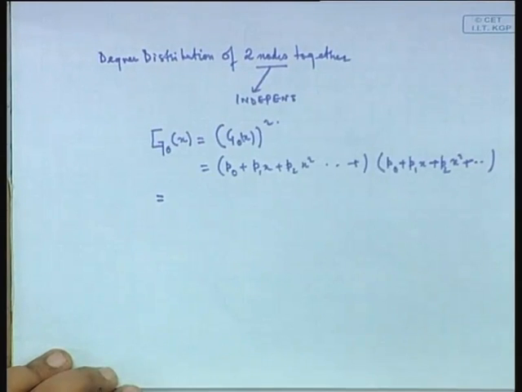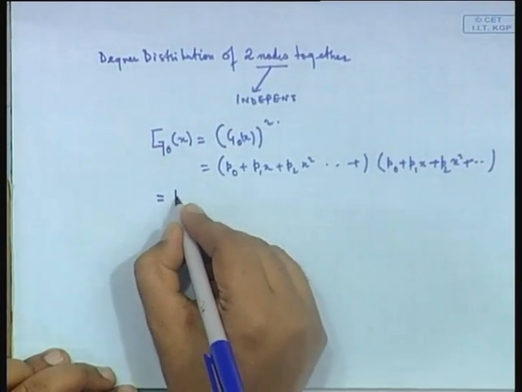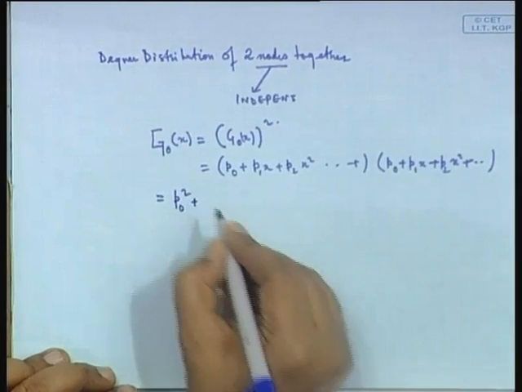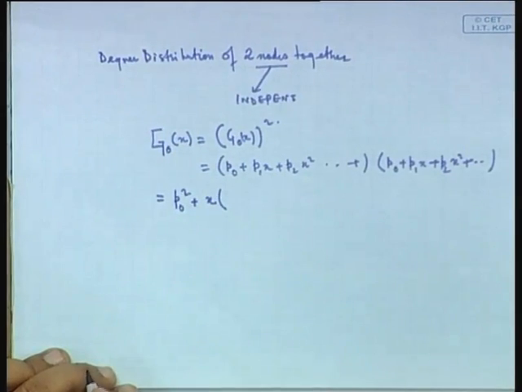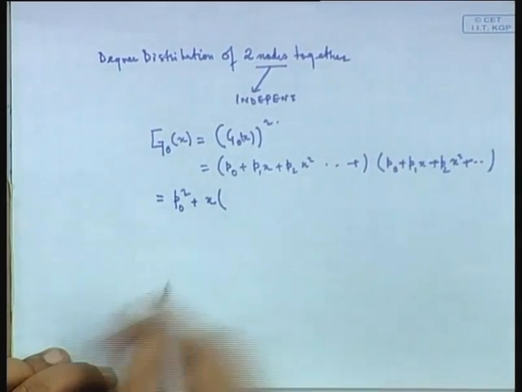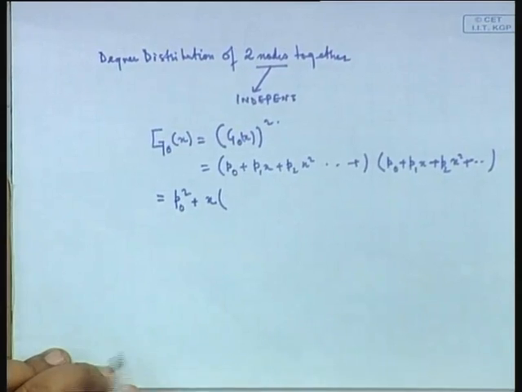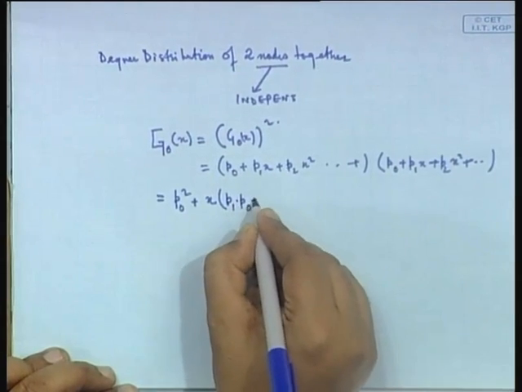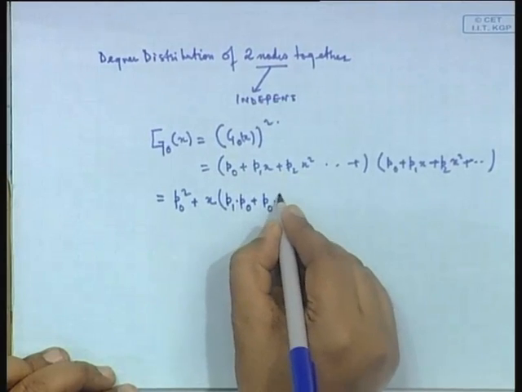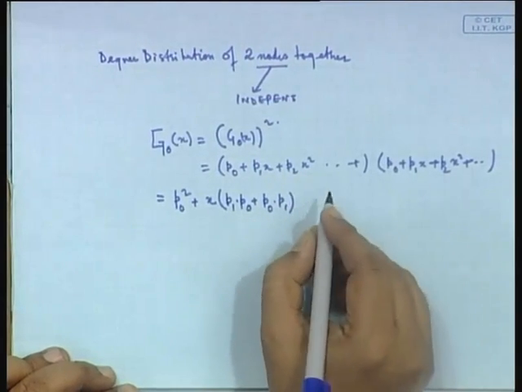What happens is P0 square. In x, we get P1 into P0 plus P0 into P1.